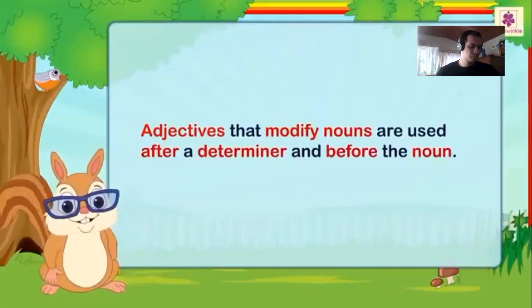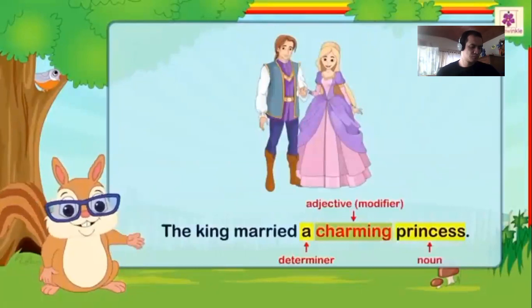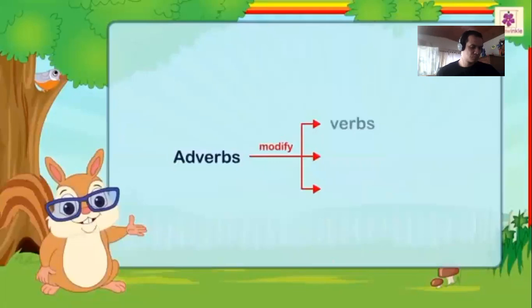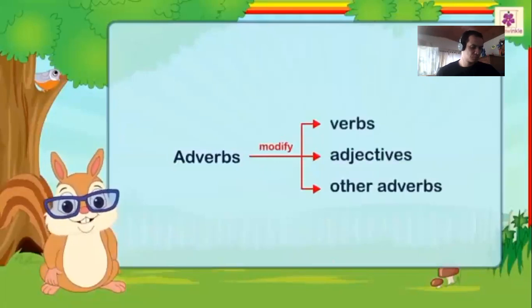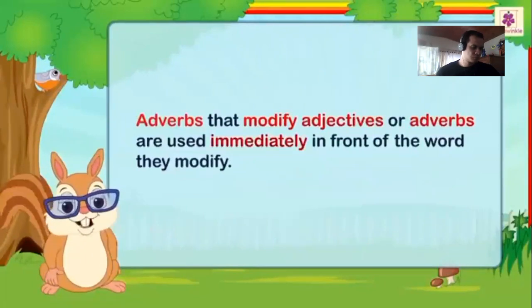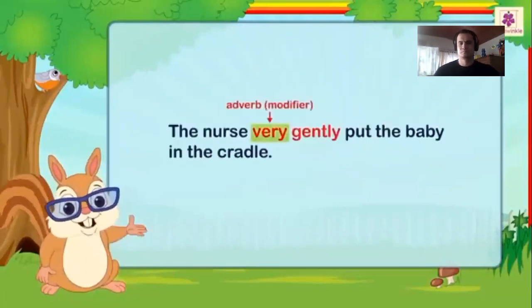For example, the king married a charming princess. Adverbs modify verbs, adjectives, and other adverbs. Adverbs that modify adjectives or adverbs are used immediately in front of the word they modify. For example, the nurse very gently put the baby in the cradle.